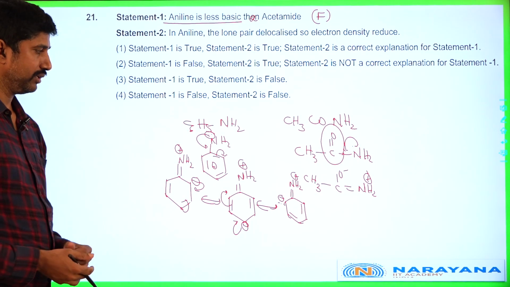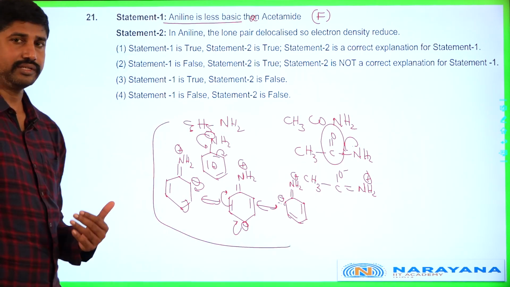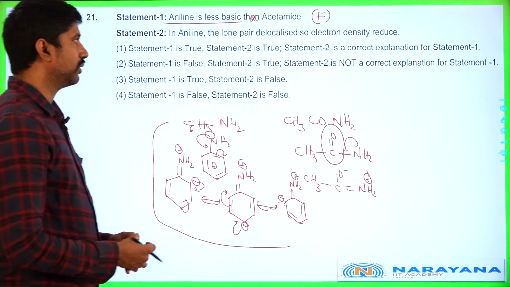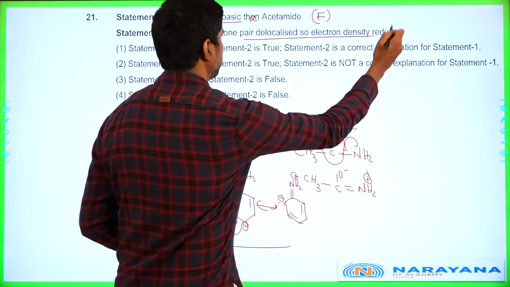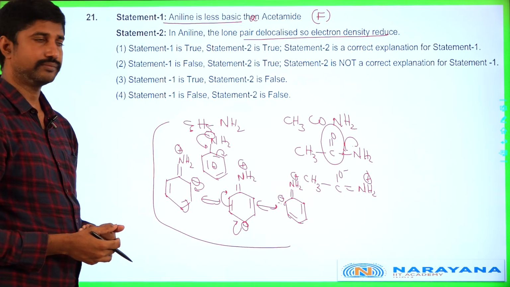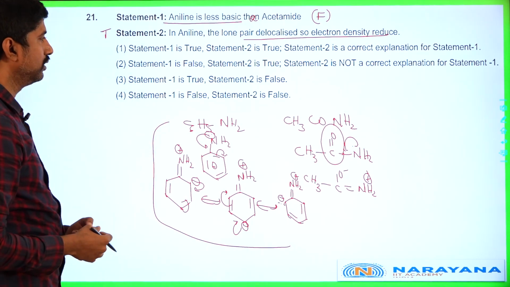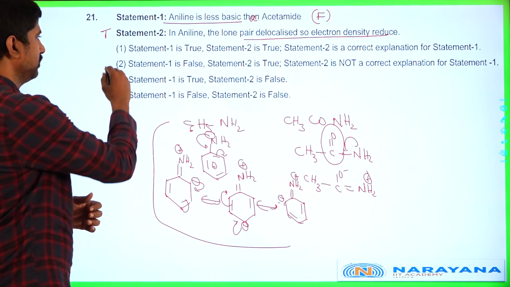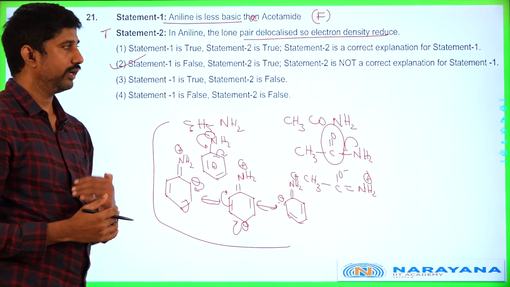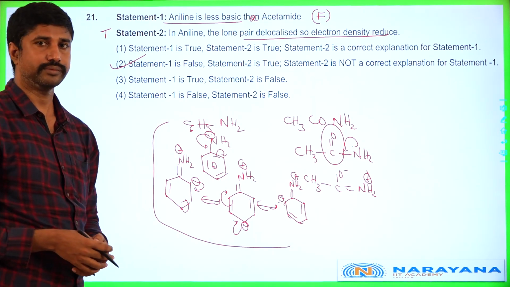Because of the delocalization, electron density at nitrogen is reduced. The lone pair is delocalized, so statement 2 is true. So the correct option is: statement 1 is false and statement 2 is true, and 2 is not a correct explanation for 1.